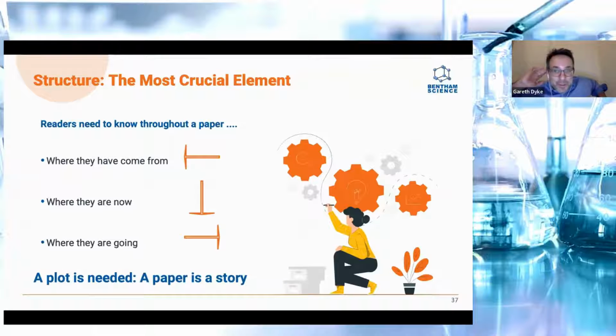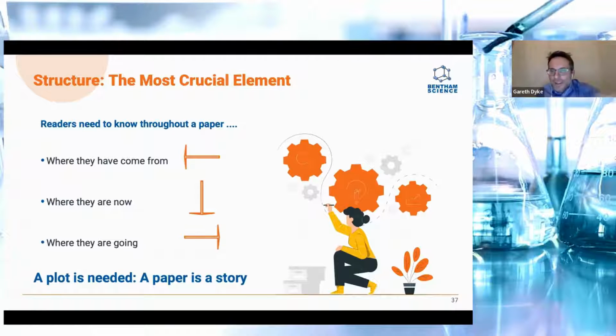What do you need to do before you start to write? Think about your message. Think about your audience, your target journal, and think about the structure of your article. Think about the structure of your writing. As we already discussed, readers, the users of academic papers, need to know where they've come from. They need to know where they are now, and they need to know where they're going.